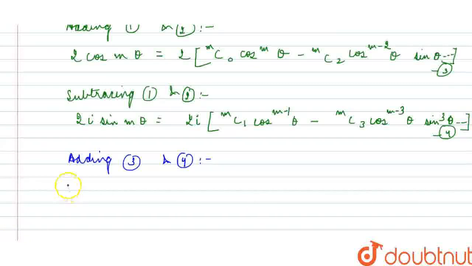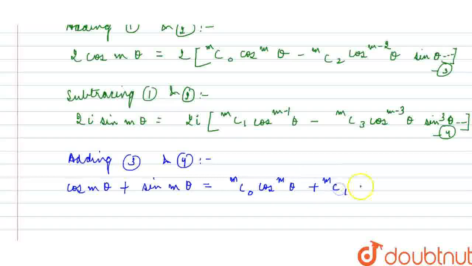So that would be cos m theta plus sine m theta, which is equal to mC0 cos^m theta plus mC1 cos^(m-1) theta into iota sine theta minus mC2 cos^(m-2) theta sine square theta.